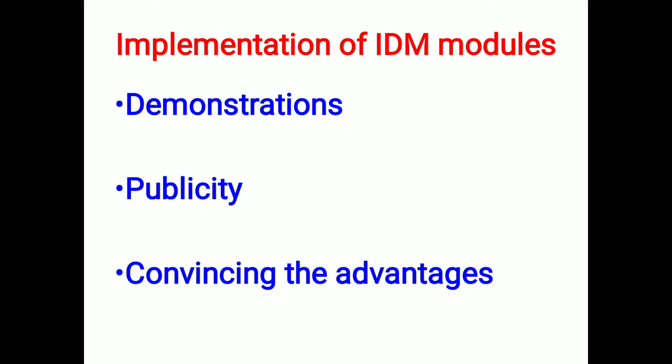Then last one, that is convincing the advantages. In demonstration we discussed method demonstration and result demonstration. So the advantages of the IPM module we have to show through the result demonstration, by explaining the different benefits of that IPM module and how we can increase the yield of a particular crop with the help of the IPM module.